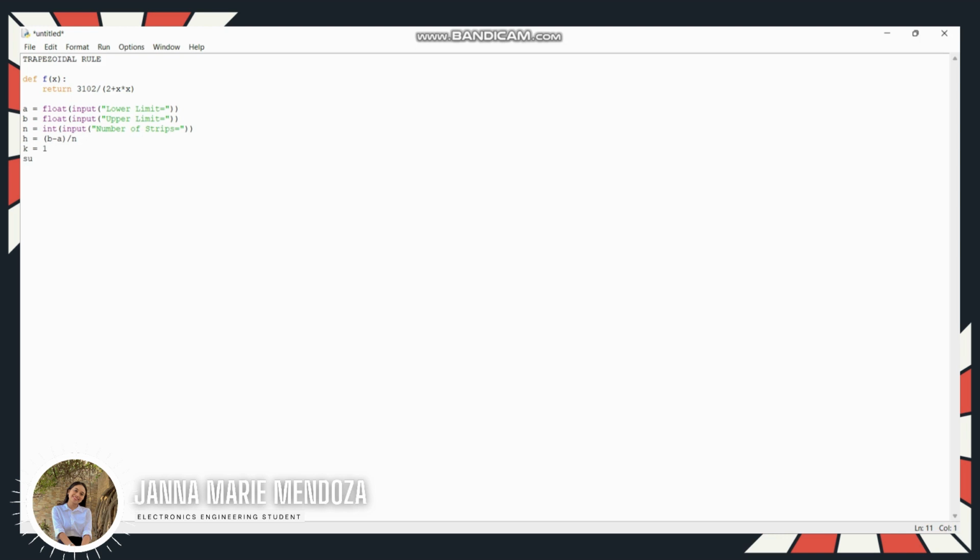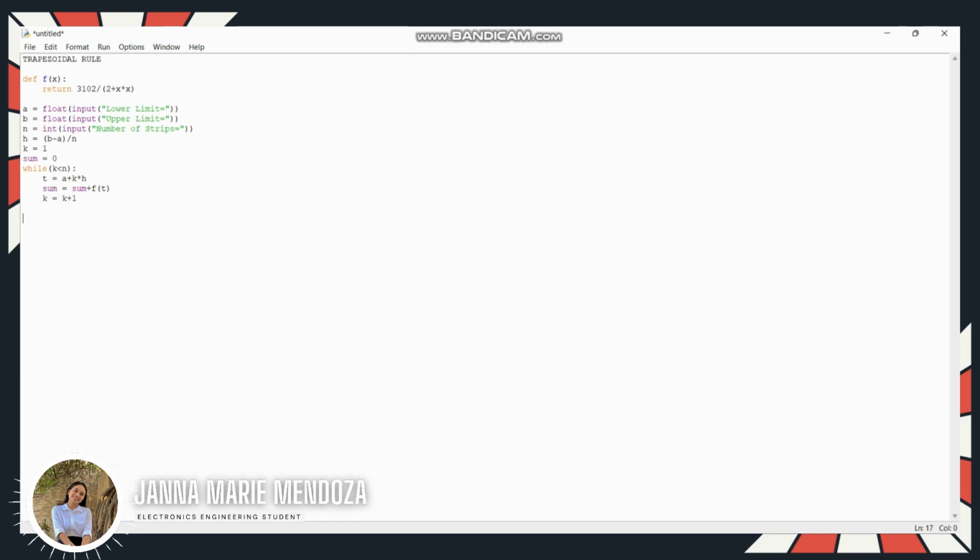Then we have k equals 1 and a sum of 0. While k is less than n, t should be equal to a plus k times h. Then sum is equal to sum plus f of t, whereas k is equal to k plus 1.